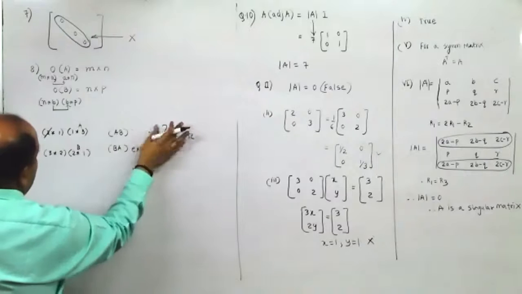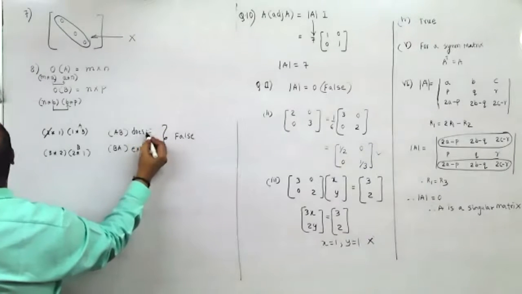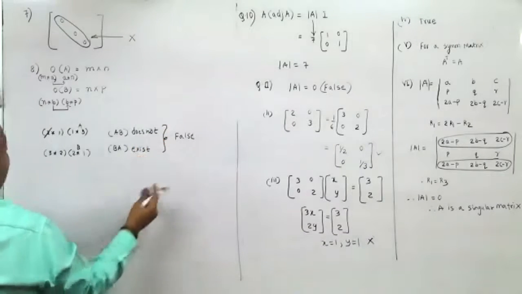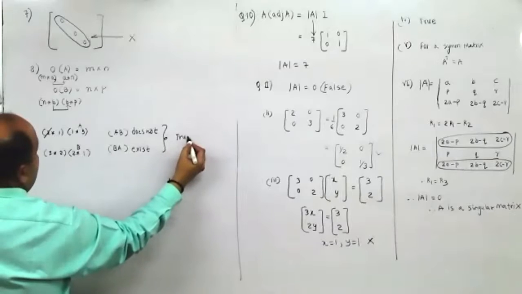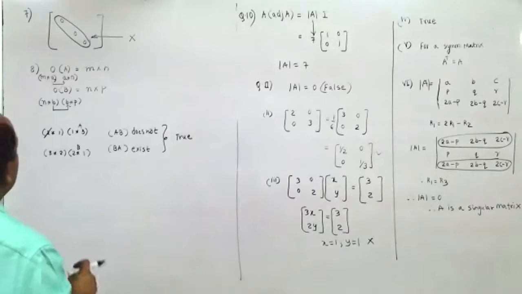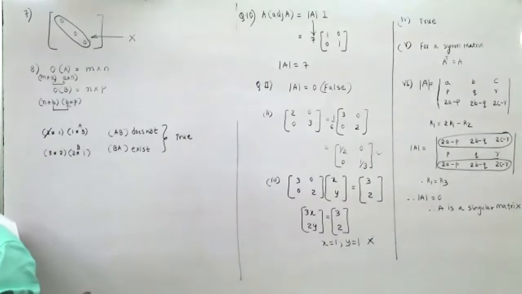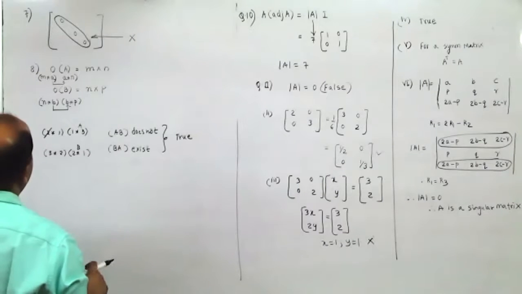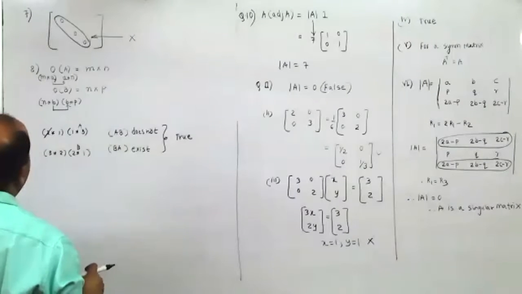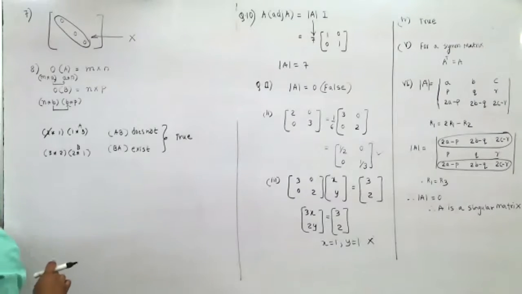And A into B does not exist. This is true. So behind it's given false. It is true. So it should be false, no? Why? AB doesn't. Because BA will exist, no. No. AB will exist, no, because N is equal to N and M and P is not equal. So we cannot multiply, no.